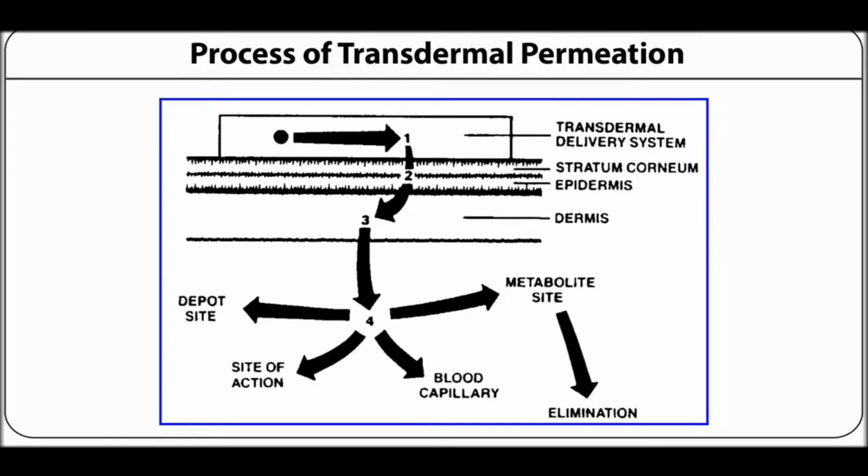Once the patch is attached, a transdermal drug delivery system, which primarily is a composite system, the drug from there would traverse through the stratum corneum and the epidermis, followed by its path into the dermis, and as it reaches down, it is from there distributed to the various sites, which can be designated as the depot site, the site of action, the blood capillaries, the metabolite site, and finally the elimination.